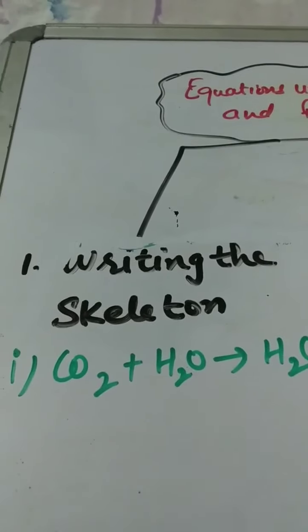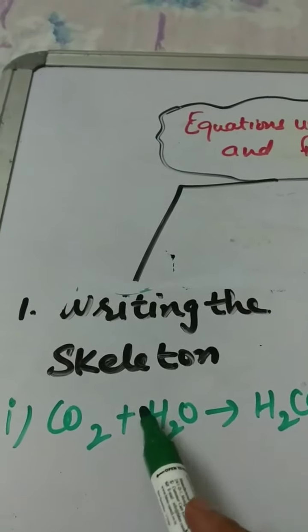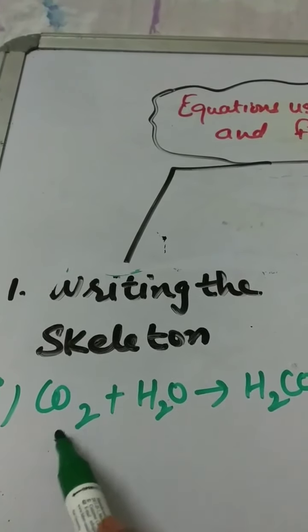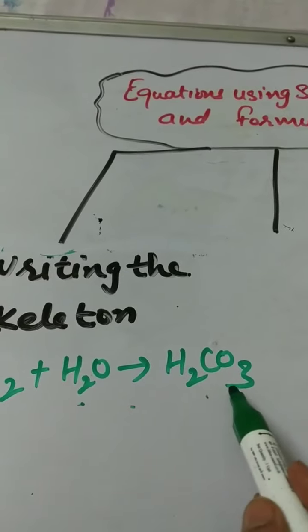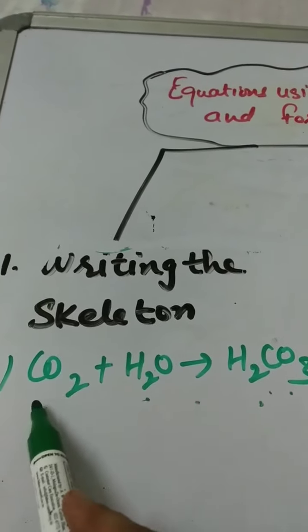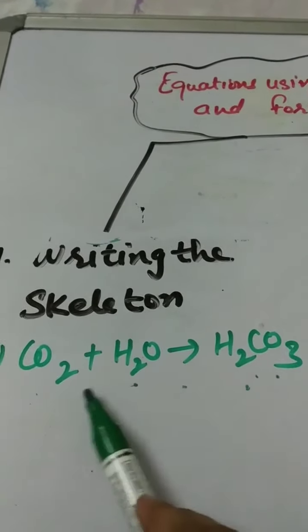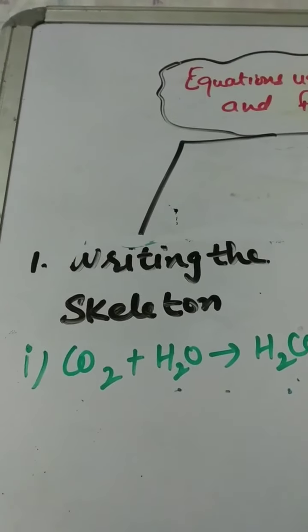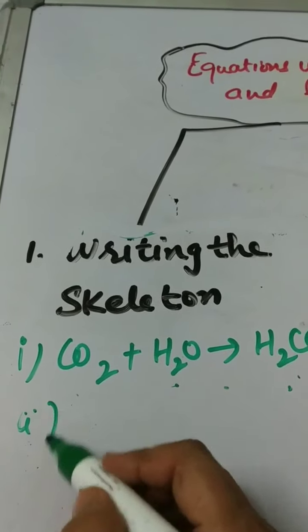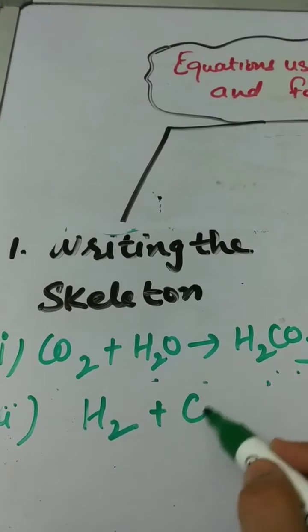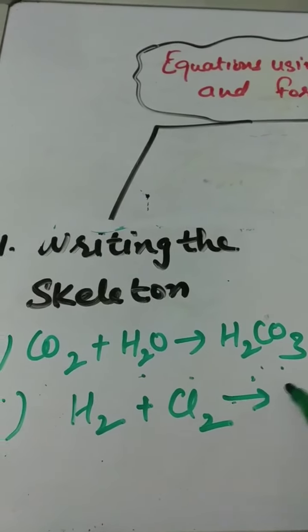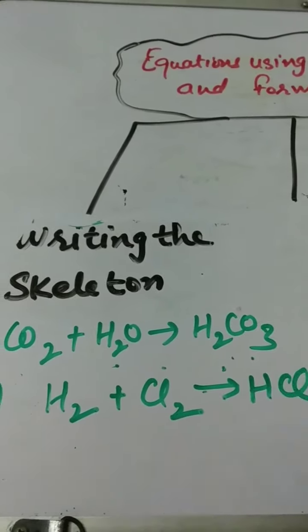Some examples: carbon dioxide dissolves in water to form carbonic acid, and this is the way we will write the skeleton equation for this reaction. Another example: hydrogen reacts with chlorine to form hydrogen chloride.